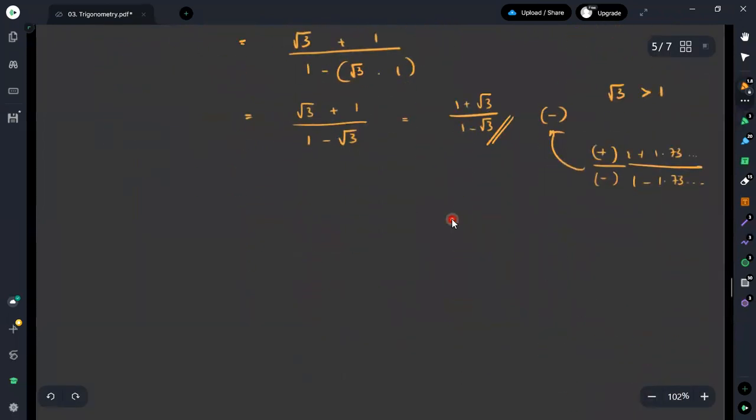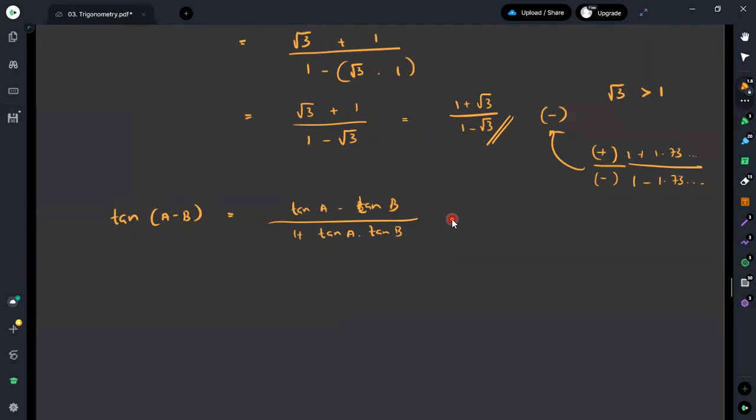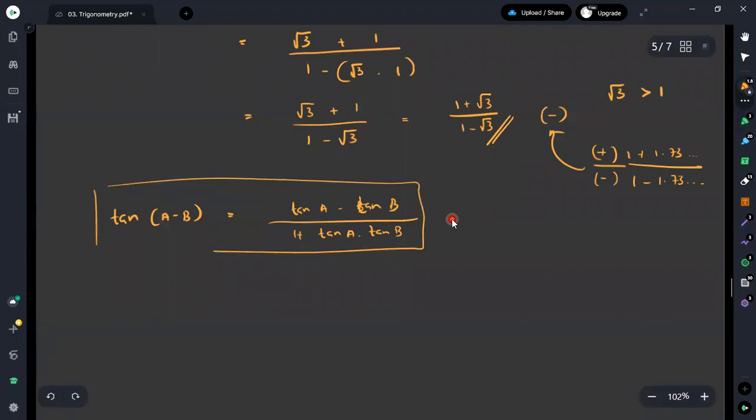Then for the last one, I will take the tangent of A minus B. Tangent of A minus B can be written as tan A minus tan B divided by 1 plus tan A tan B. I will take the example of obtaining the value for tangent 15.